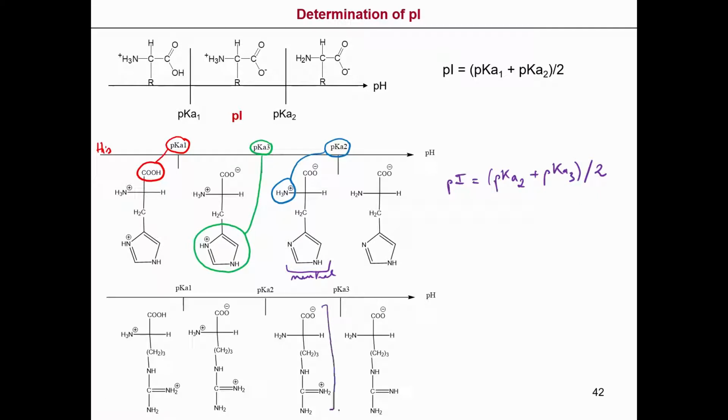So the PI of arginine will be the average between the 2 pKa values which surround the neutral form of the amino acid. Okay, we will have an exercise on this.